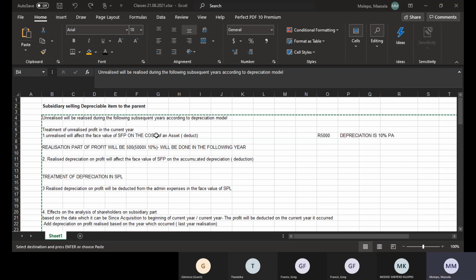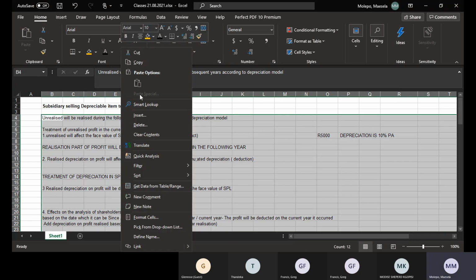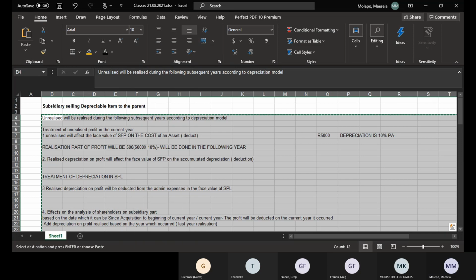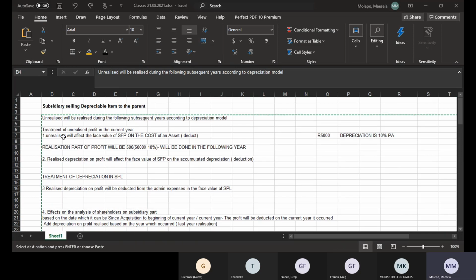If you follow these summaries, then you can be in a good condition to answer questions based on the consolidations whereby the assets are being sold towards each other, whether the assets are being sold to the subsidiary or to the parent, inventory being sold to the subsidiary or to the parent, or the depreciable assets.